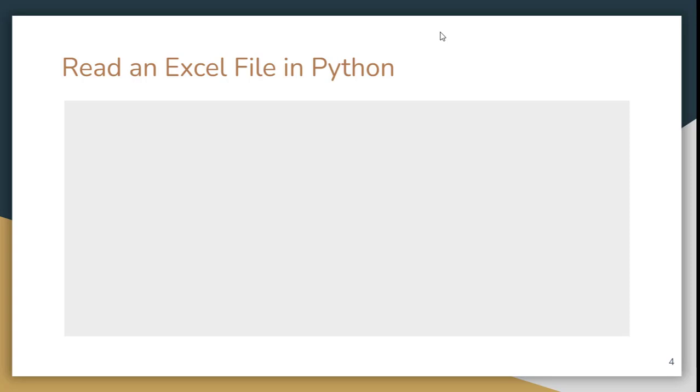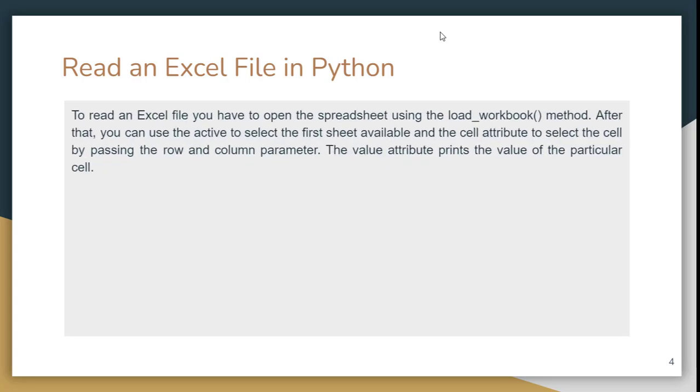How to read an Excel file in Python? To read an Excel file, you have to open the spreadsheet using load_workbook(). It is a method or function in Python.